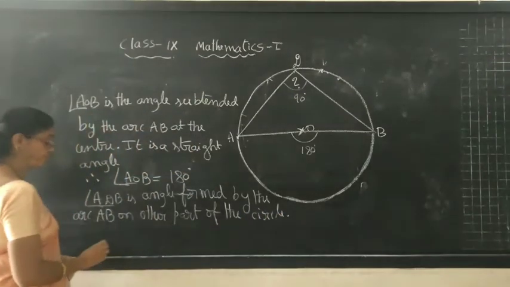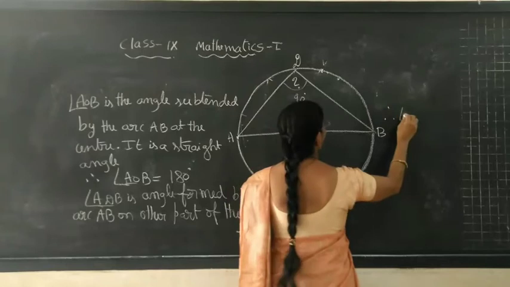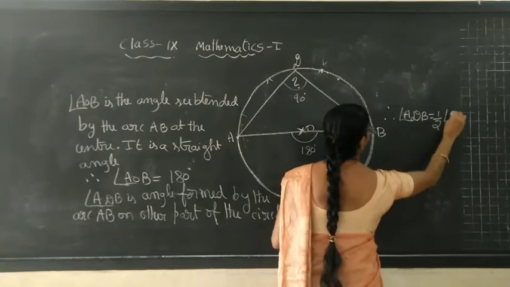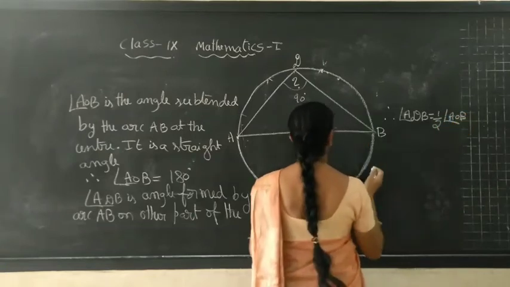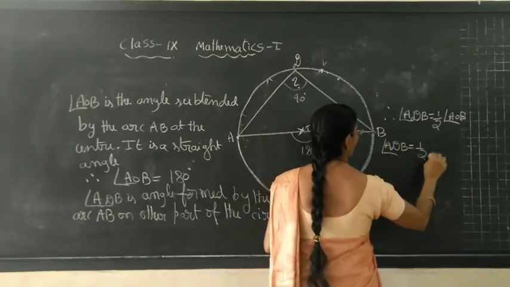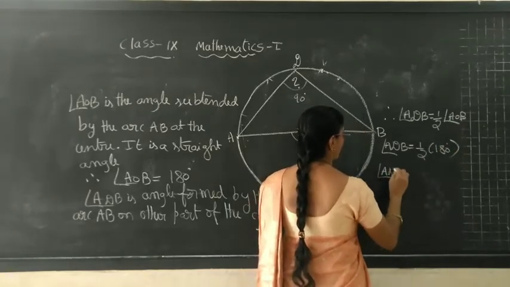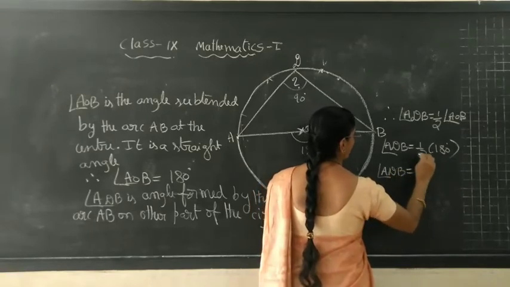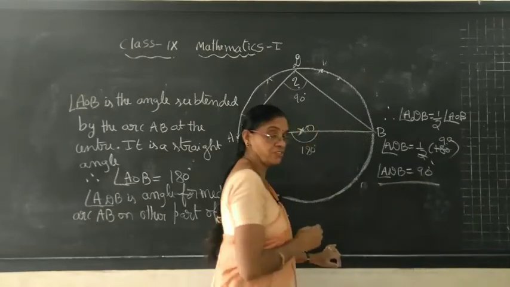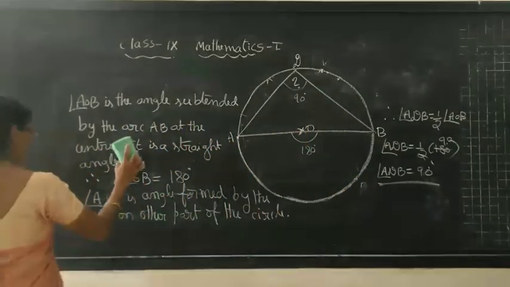Therefore, angle ADB is equal to half of angle AOB. So angle ADB is equal to half of 180 degrees. So, angle ADB is equal to 90 degrees. So, we can come to one conclusion. The conclusion is that the angle in a semicircle is 90 degrees.